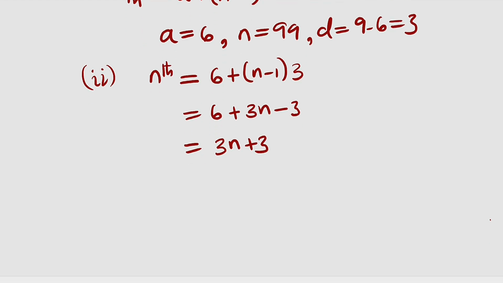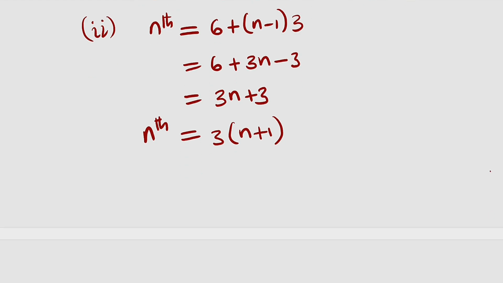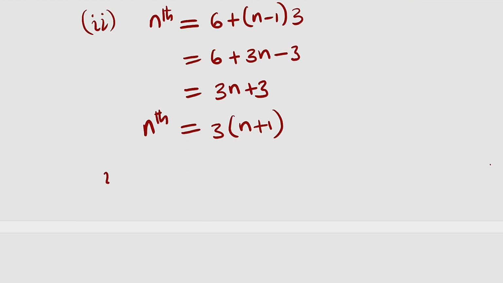If you like, you can factor out 3. Finally, you have 3 bracket n plus 1. Therefore, for every term you're looking for in this sequence, all you have to do is to find that term number, add 1, and multiply by 3. So let's solve problem number 1, where we are looking for T99.